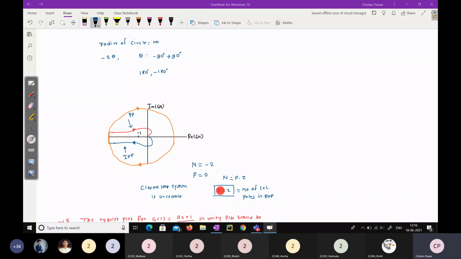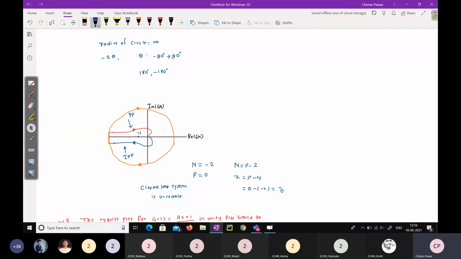What will be Z? The formula is that N is equal to P minus Z. So Z will be P minus N. What is P? 0. What is N?